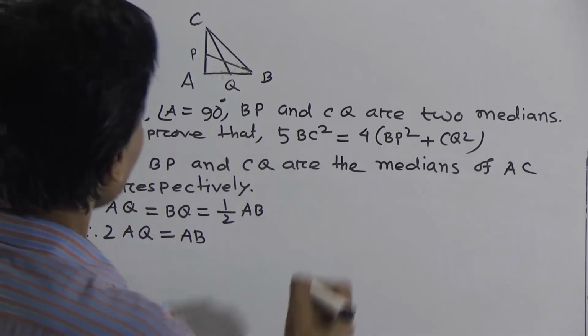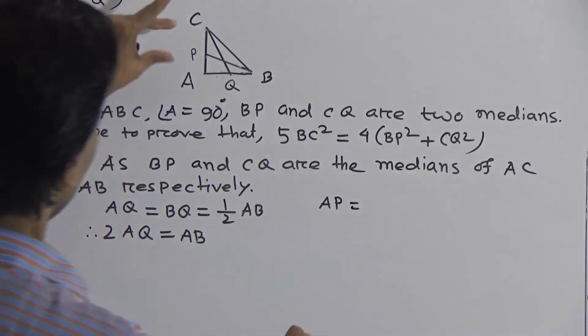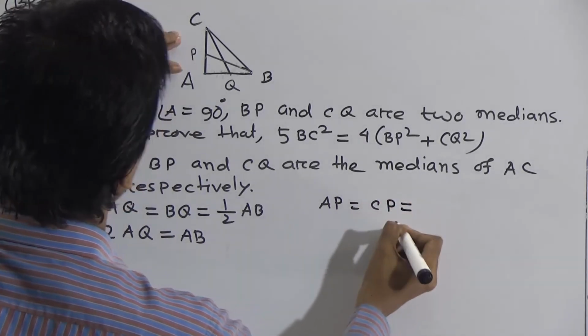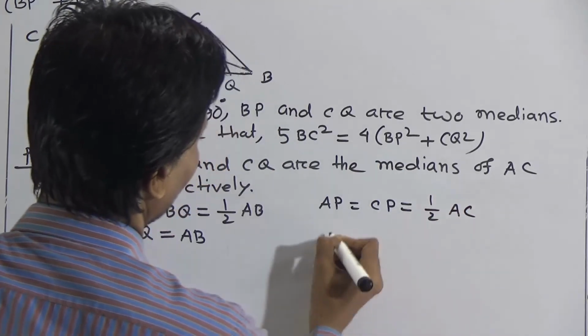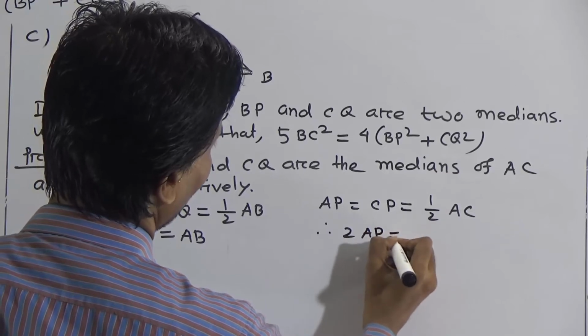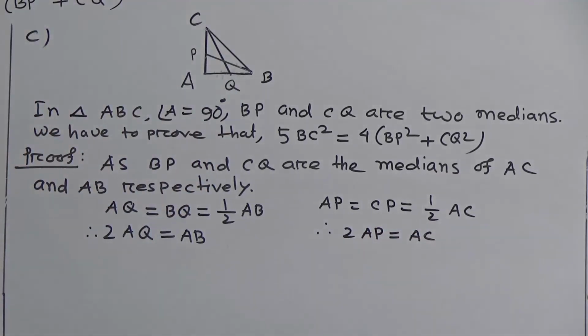Similarly, for this side, AP equal to CP equal to what? Half of AC. That means 2AP equal to AC. Dear student, AP or PA same.